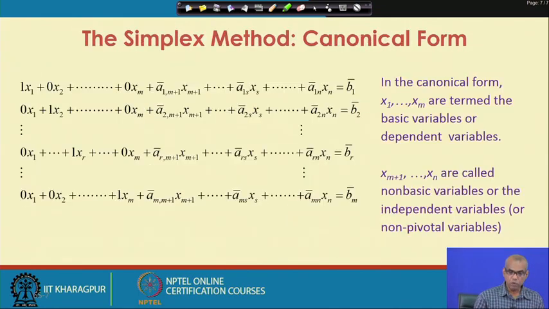Now, if you look at this canonical form, if I put the values of x m plus 1 to x n, which are non-basic or independent variables, as 0, I can readily solve the equations and the solutions will be x 1 equal to b 1 bar, x 2 equal to b 2 bar, x r equal to b r bar, x m equal to b m bar and so on.